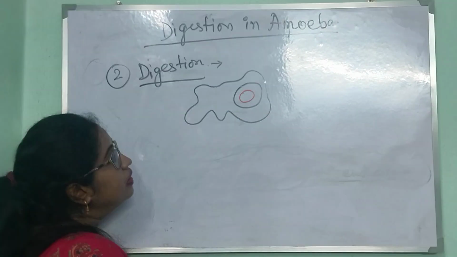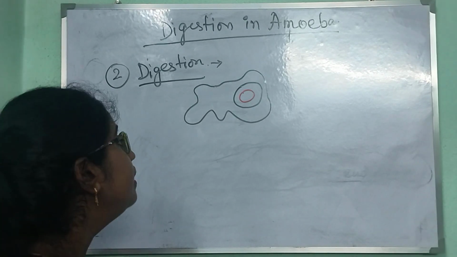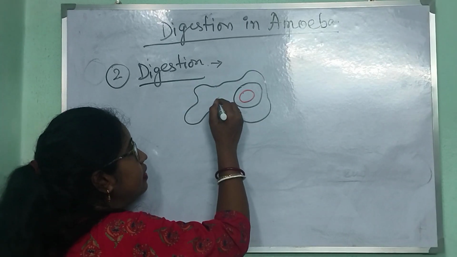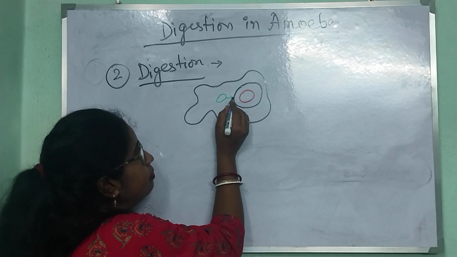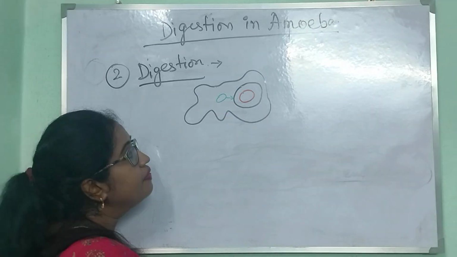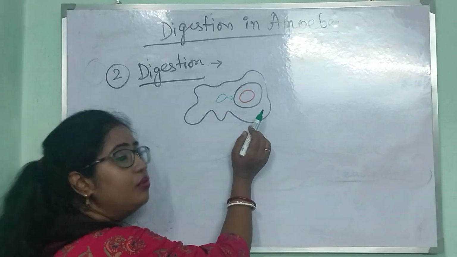Then the lysosome in the amoeba's cell comes to fuse with this vacuole, the food vacuole.